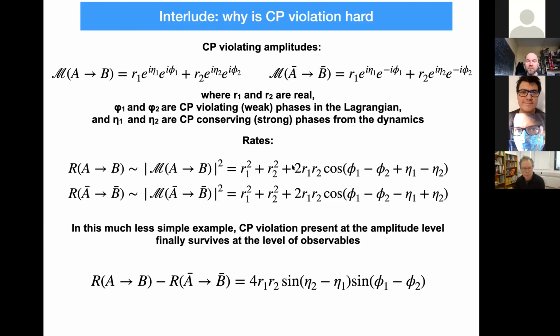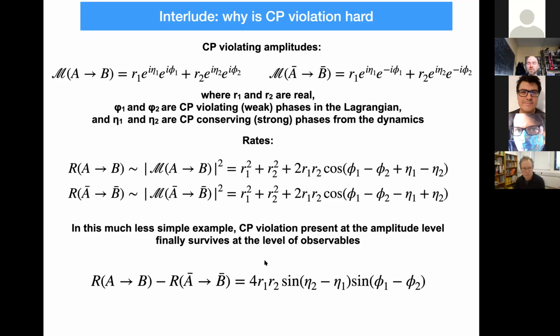when we now calculate the rate of A to B and the rate of A bar to B bar, they are different. Now this cosine is different. There is a relative sign between the weak phases and the strong phases that is changed. So if we have both weak phases, the CP violating phases, and strong phases, the CP conserving phases, now we can have an observable CP violation.